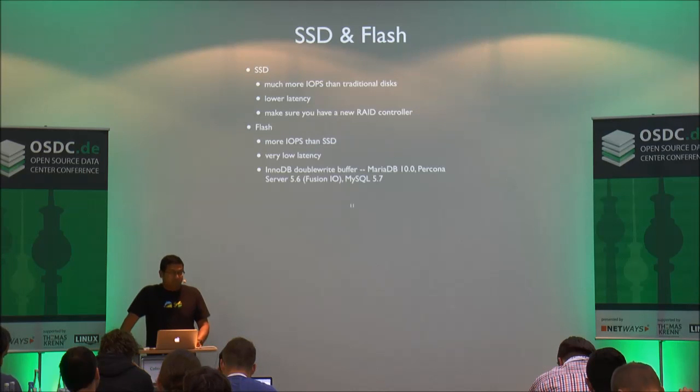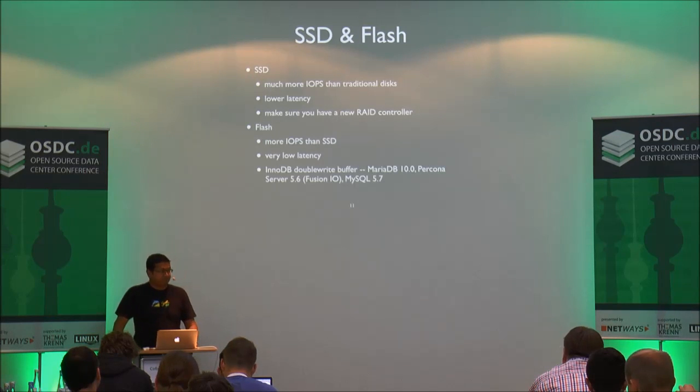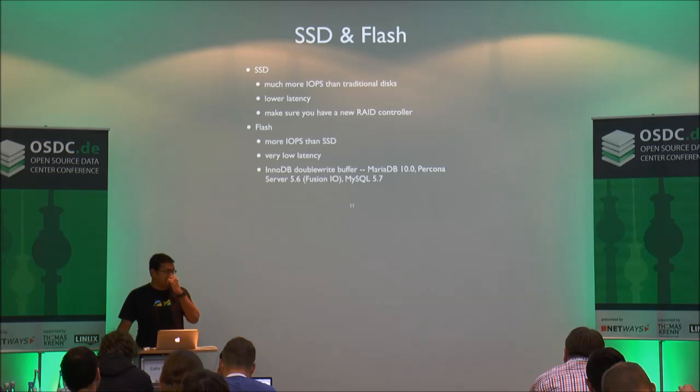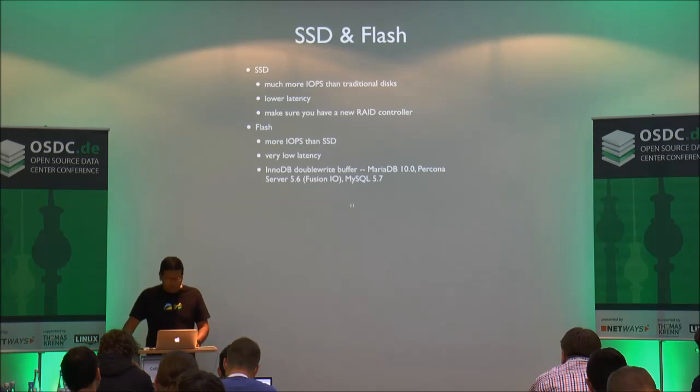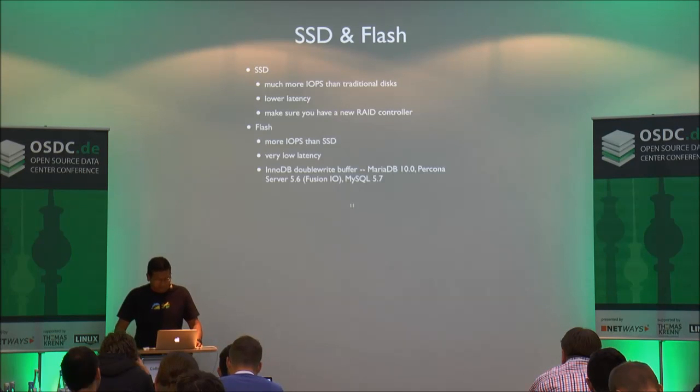But having something private will possibly boost performance for you. And this is currently only available in Percona Server 5.7 from maybe 2 or 3 months ago. So it's still relatively new. It's not made its way into any other MySQL or MariaDB yet.